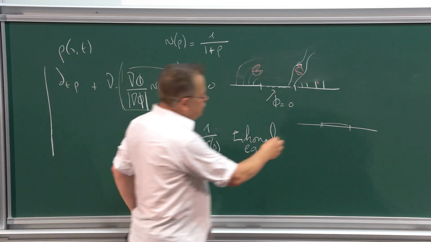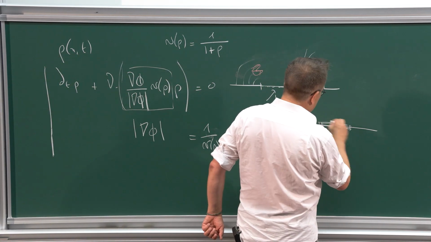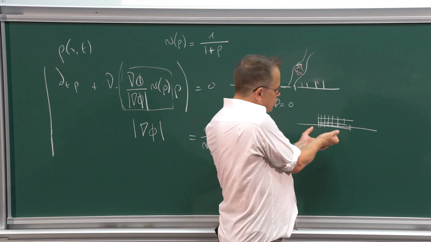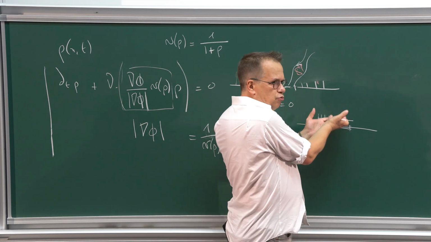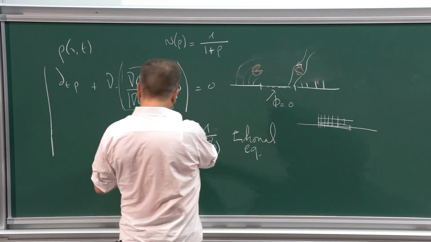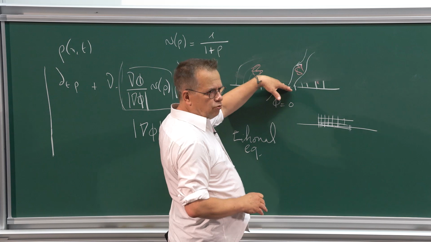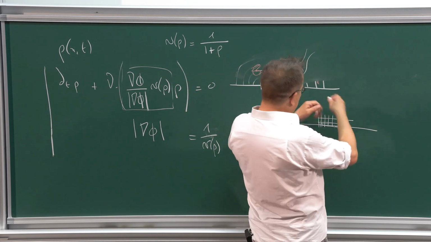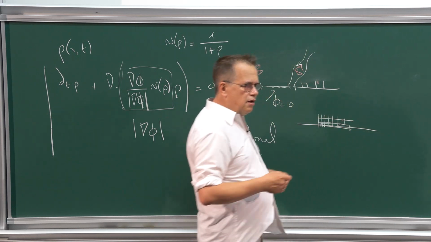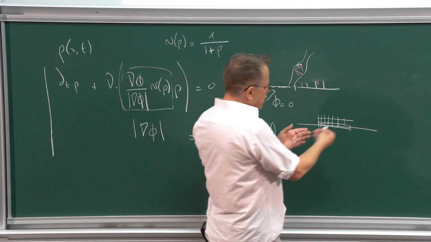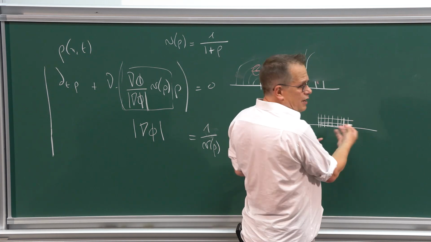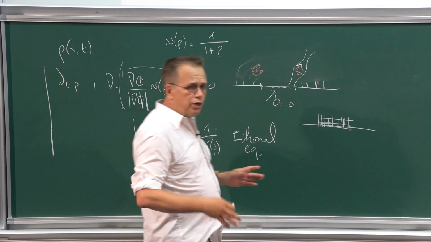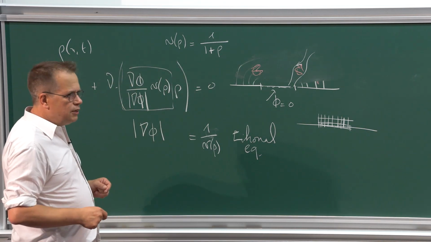You set phi to be 0 here, and then you use a Cartesian grid, and you update the value in a frontal way, and you go from here to here. And if it's constant, you will have something like what I drew first. But if v depends on rho, then you have these deformed path lines, etc. So you can solve that in a fast way, actually, by this frontal way. It's a bit difficult to implement, but it's done in the software, you see.